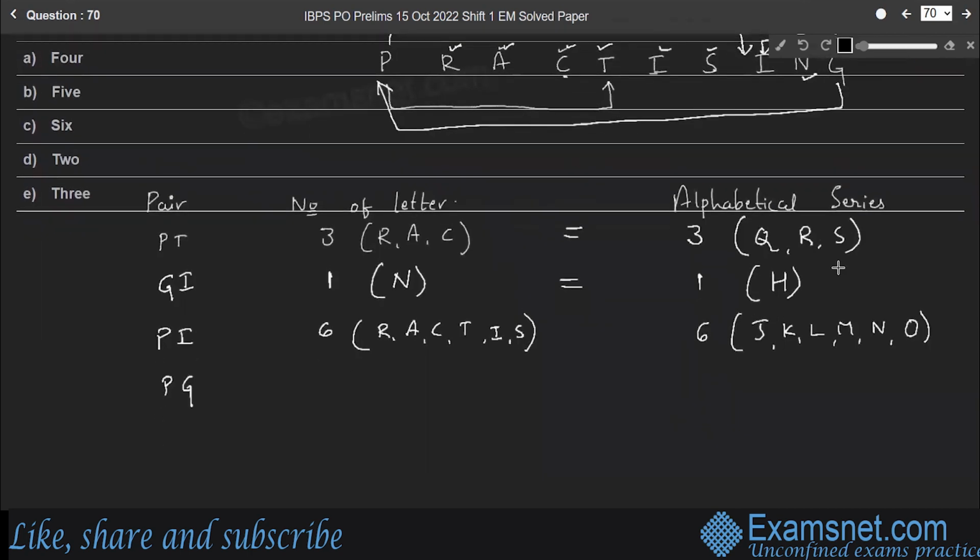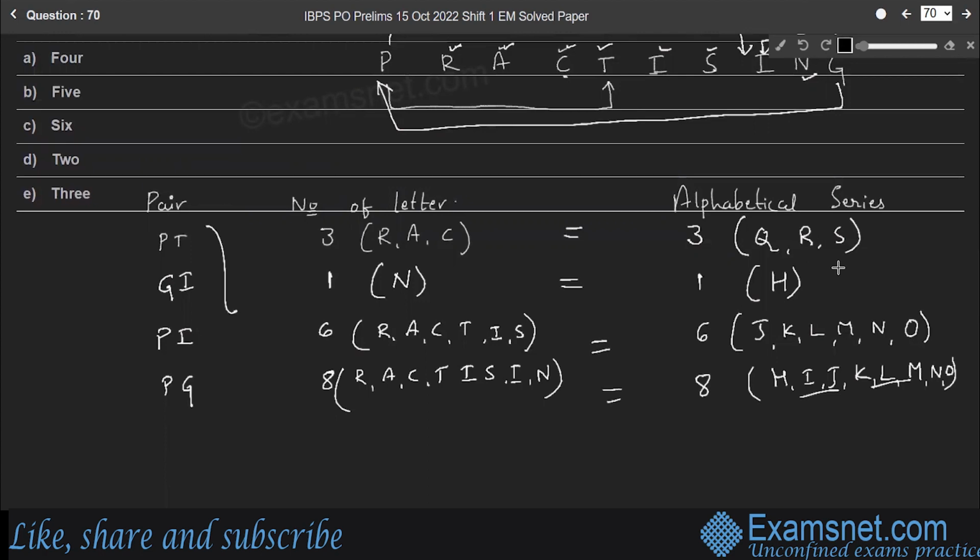Those are R, A, C, T, I, S, I, and N. In the original alphabetical series, the number of letters between G and P: after G, H, I, J, K, L, M, N, and O. So totally there are 8 letters between P and G.